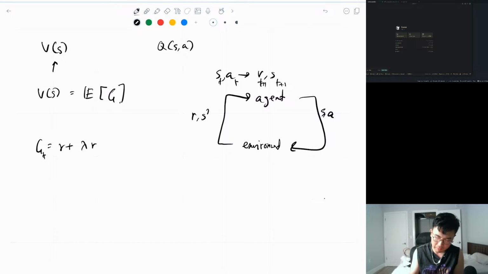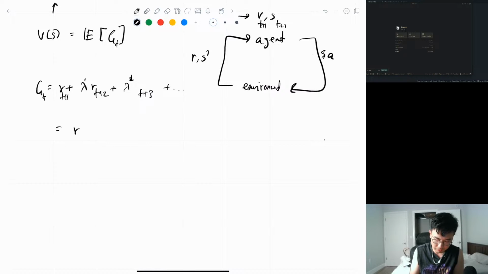And the expected return should be G of t, and this is given by the reward of t plus 1, plus gamma R t plus 2, plus gamma to the power of 2 R t plus 3, etc. Or this is simply equal to the sum over k equals 0 to infinity of gamma to the k, R of t plus k plus 1. That's the definition of return.